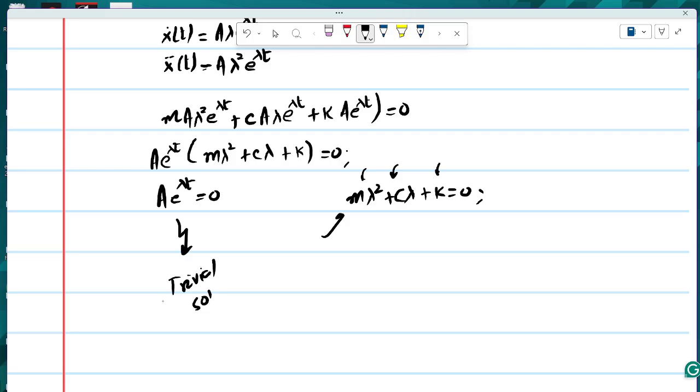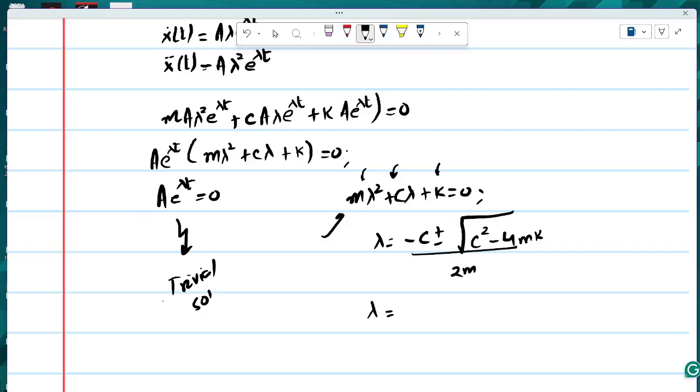Now that's a general quadratic equation. You can apply the famous quadratic formula to find the value of lambda: minus c plus or minus the square root of c squared minus 4mk, divided by 2m.